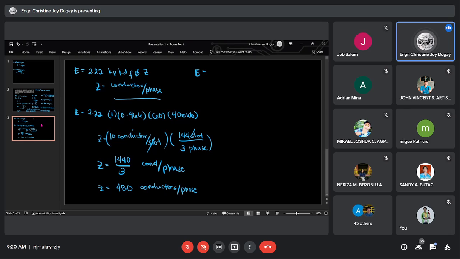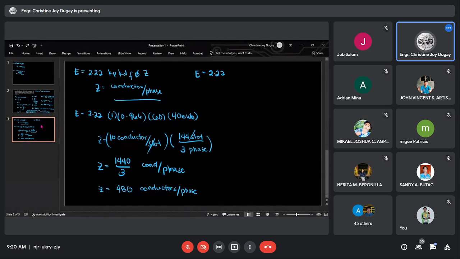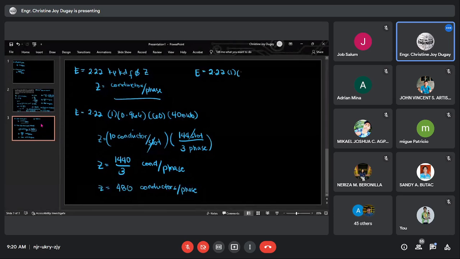So, E natin ngayon, that is equal to 2.22 kp, kd, frequency which is 60. Saglit, palitan na po natin, no? Times 1 times 0.966. Dito na pala, no? Times din siya ng 480. No? So, ilang volts ito?